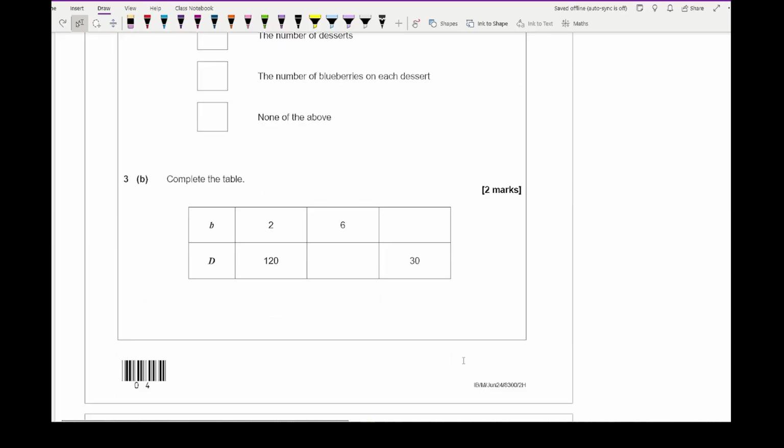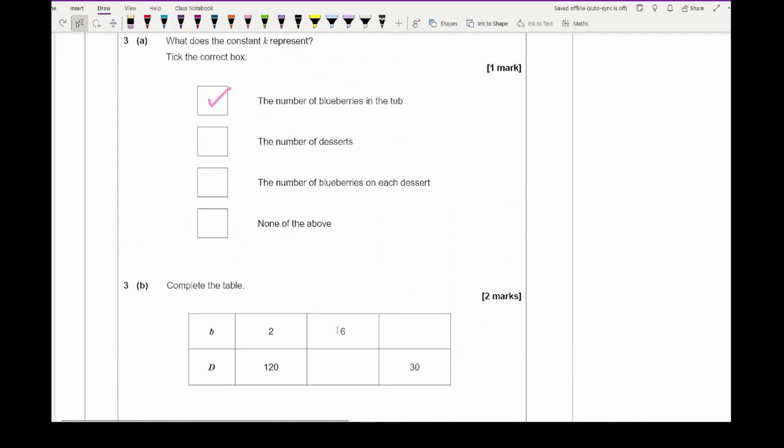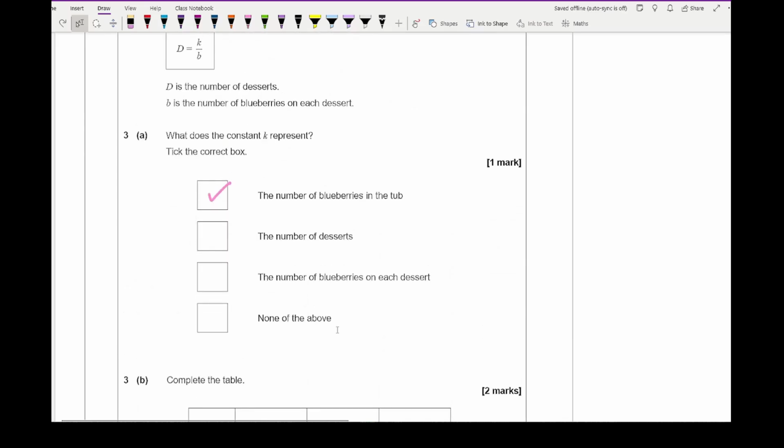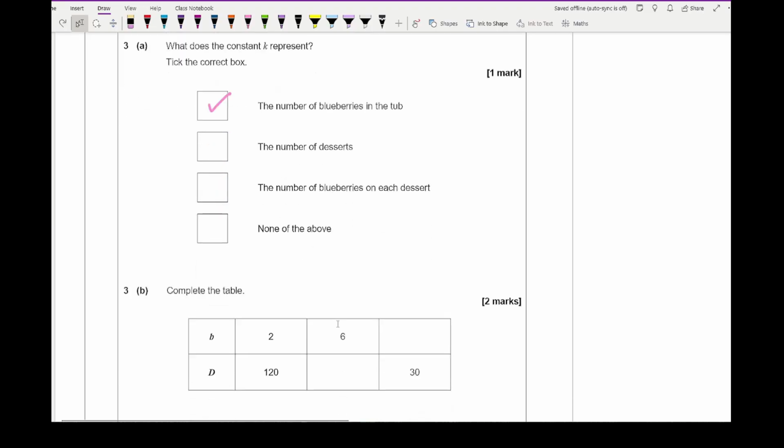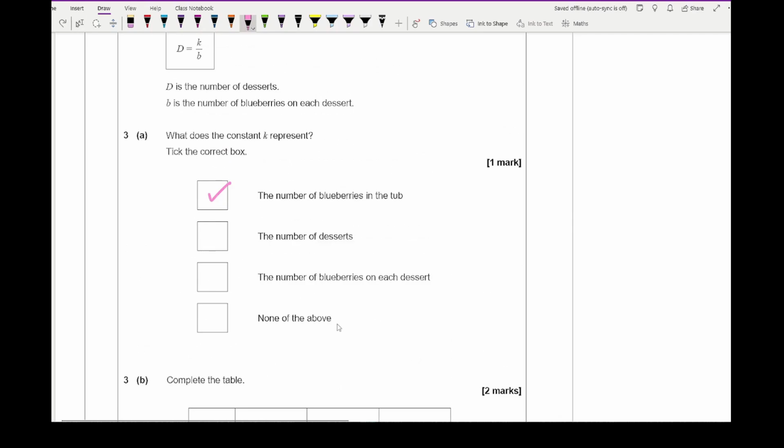Then for question 3b, it says complete the table. To complete this table, what this relates to is direct proportion, or inverse proportion in this particular case. So we need to use the formula at the top of the screen.